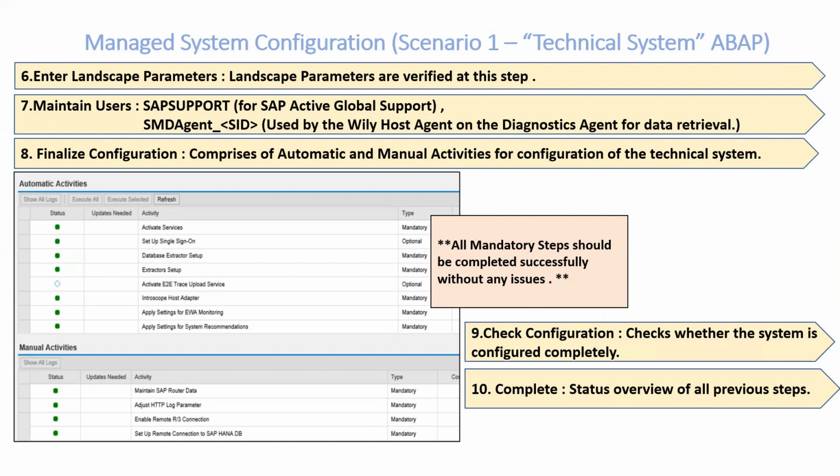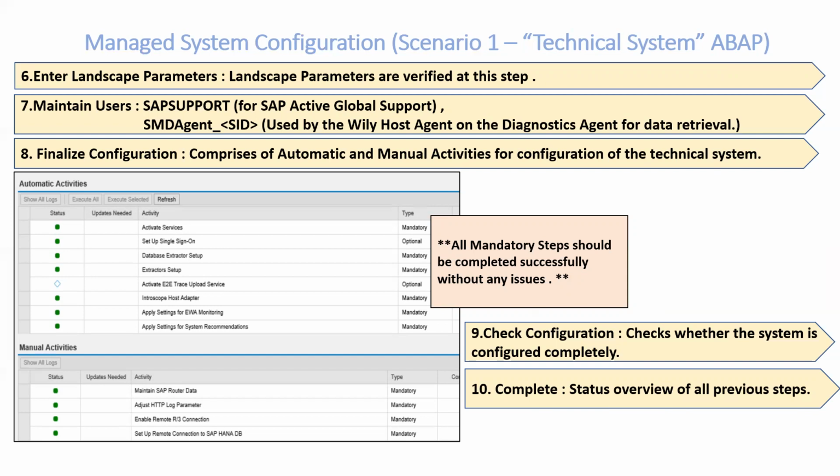The single sign-on is an optional step. However, activation of single sign-on helps to call a managed system without additional user logon for functionalities such as root cause analysis. Database and application extractors are enabled for data collection used in various Solution Manager functionalities.